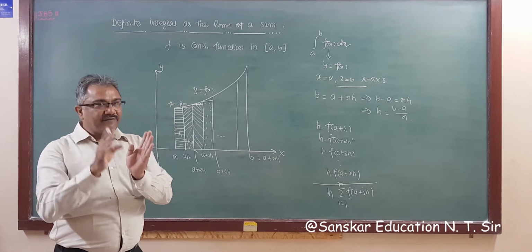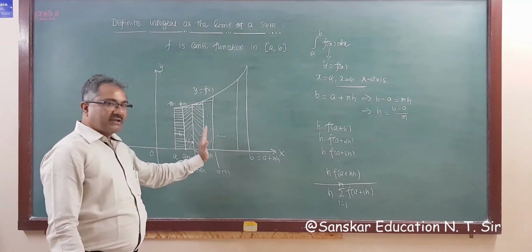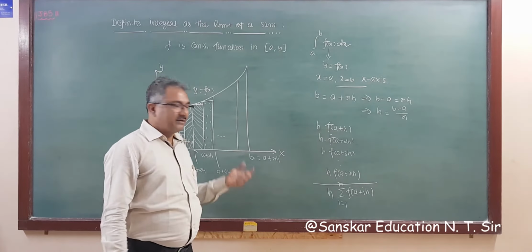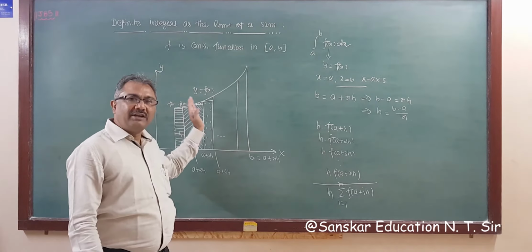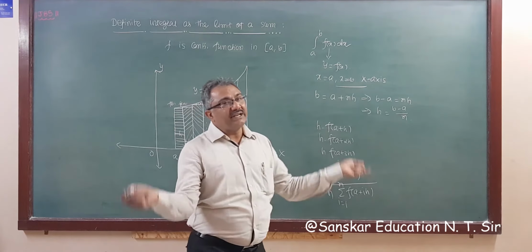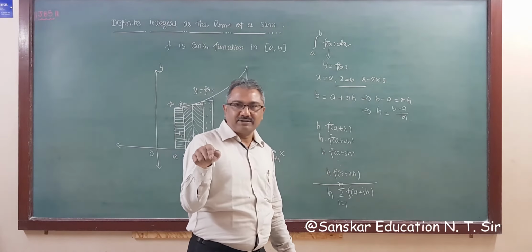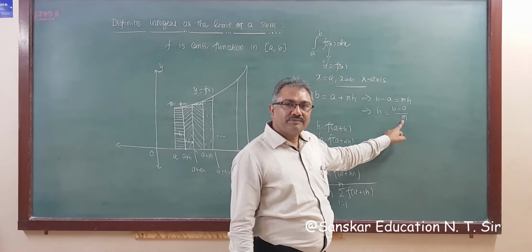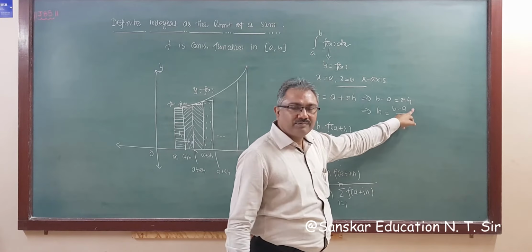But if we divide this closed interval into n portions, infinitely many parts, that is, if we take n equal to infinity, then 1 upon n is 0. That is, h is 0.